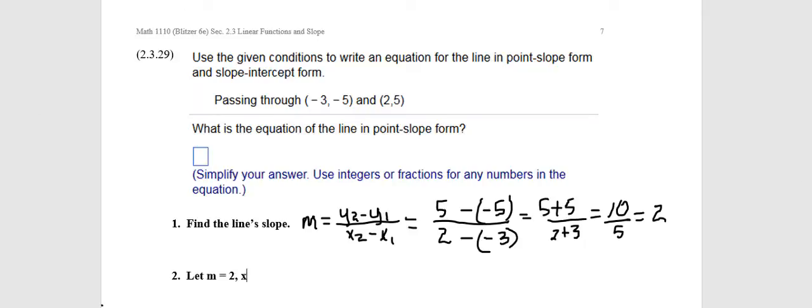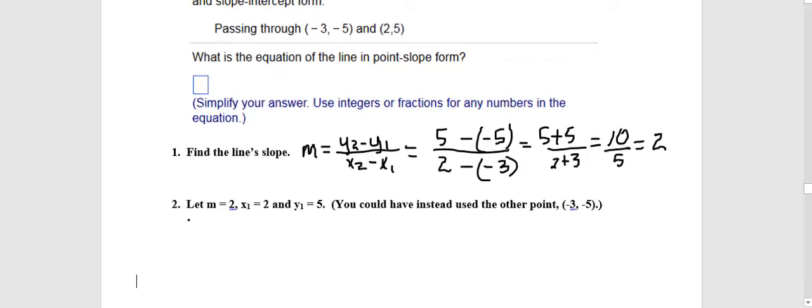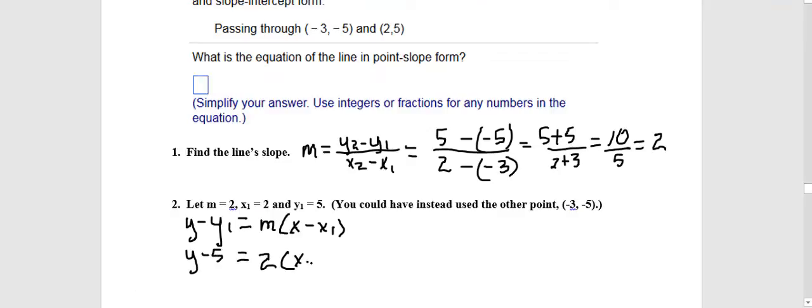So I'm going to let m equal 2, and x1 can be either of the x's. Since I chose x1 equal to 2, I have to therefore choose y1 equal to 5. I have to choose the y that goes with the x that I've selected. But it doesn't matter which point I use. I chose the point 2, 5 because I'd rather work with positive coordinates than negative coordinates. So remember, the point slope equation is y minus y1 equals m times the difference x minus x1.